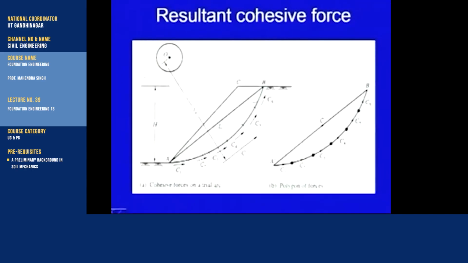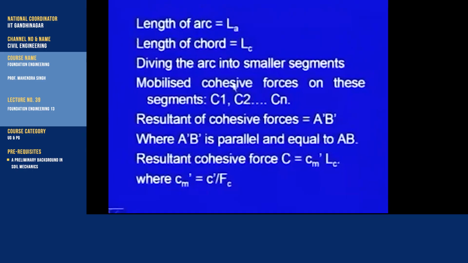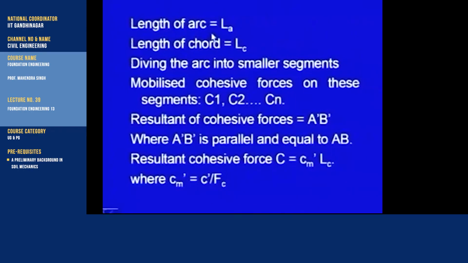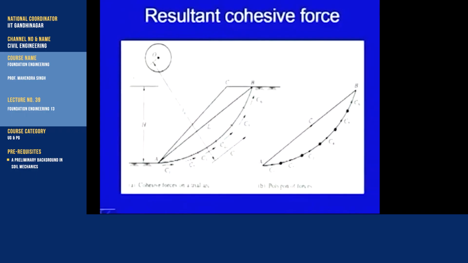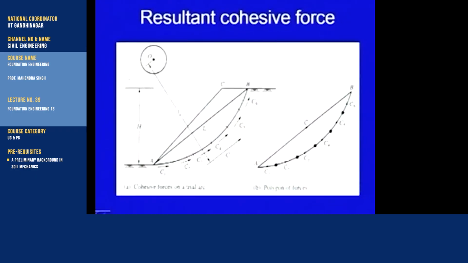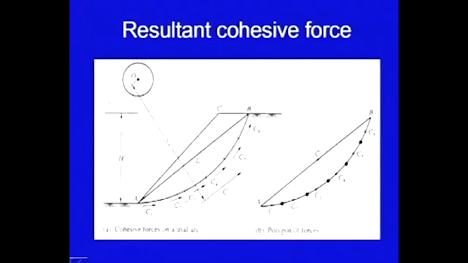AB is the chord here. So, let us say the length of the arc is LA, this is the length of the arc and this is the chord, and you know that the length of the arc is always more than the length of the chord.